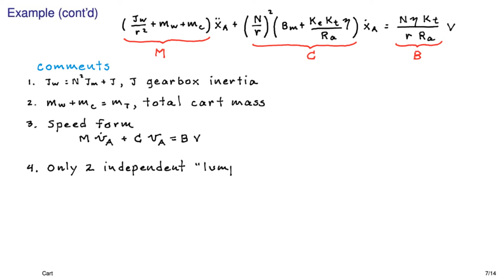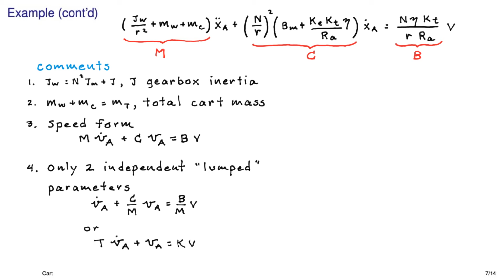What's curious here is that there's really only 2 independent lumped parameters, because I can take this equation and, for instance, divide through by m and get this. So now the quantity C over m is just some numeric value, and B over m is some numeric value. So we have all these parameters, and yet it just boils down to 2 constants.